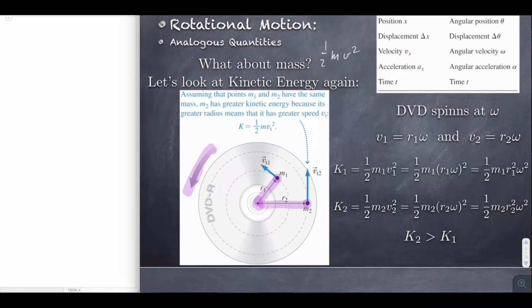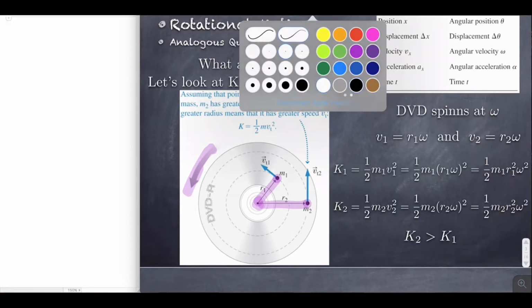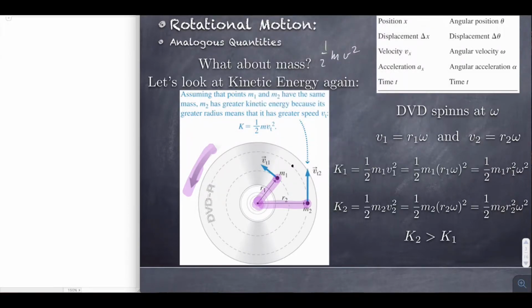So when the object gets to here, again it'll have some tangential velocity there. Here again there'll be some tangential velocity component, and so forth throughout the rotational motion of M2 and M1 as well.